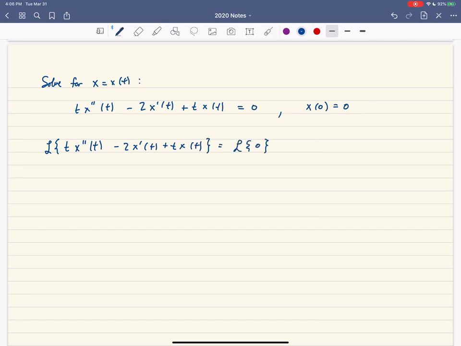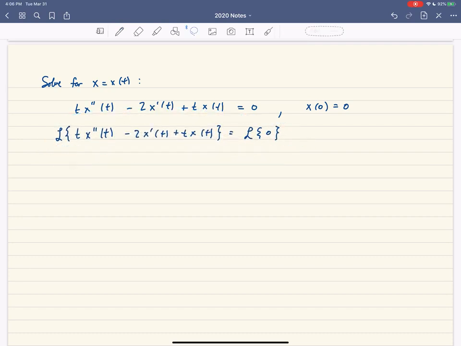And by linearity, I can separate this on the left to be the Laplace transform of t times x double prime of t, minus 2 times the Laplace transform of x prime of t, plus the Laplace transform of t x of t, and that's going to be equal to the Laplace transform of 0, which is 0.